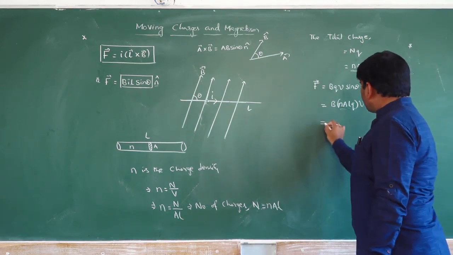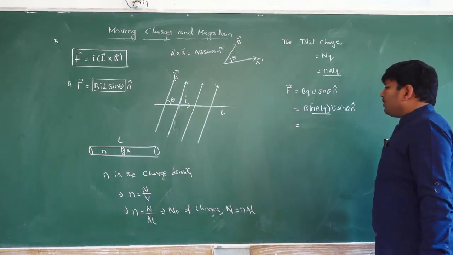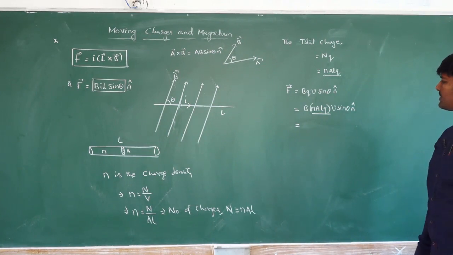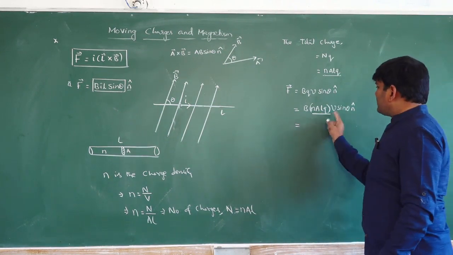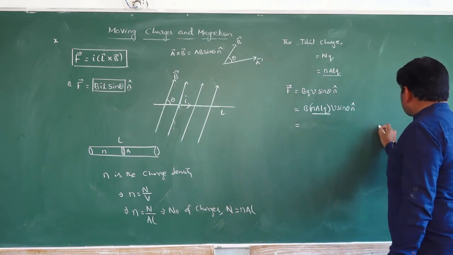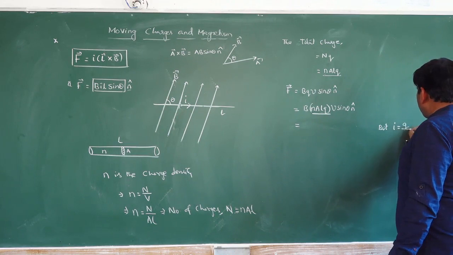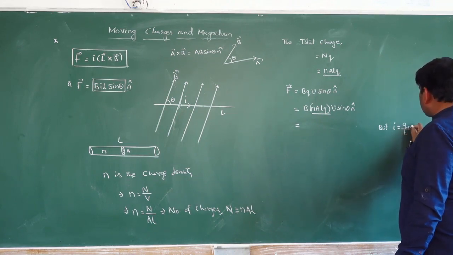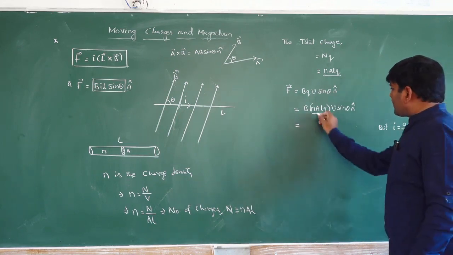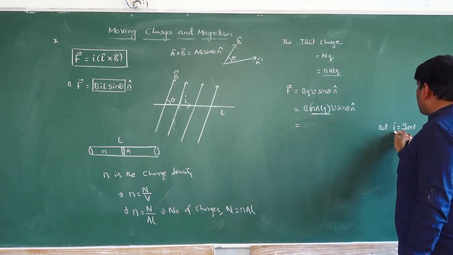Then how to write this one here? The term n A L q represents the total charge, and v is the velocity with which the charges are moving. But we know that current I is equal to charge by time, or net charge by time. So net charge can also be written as current into time.